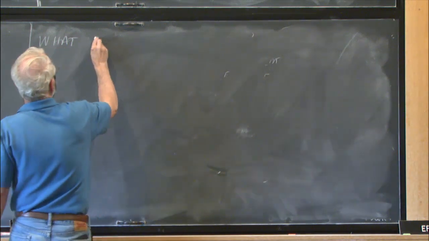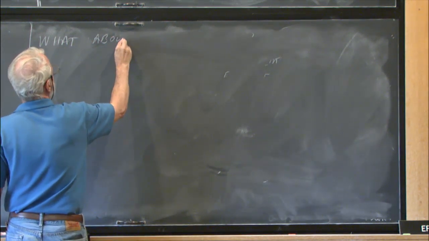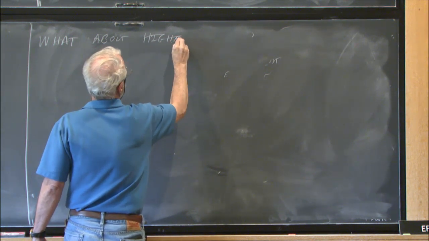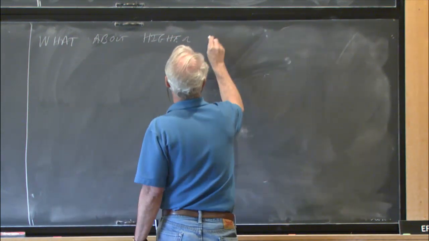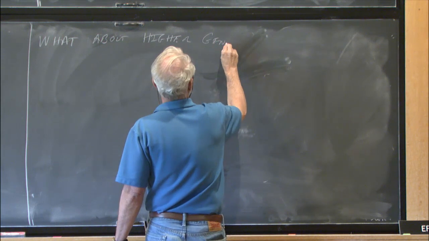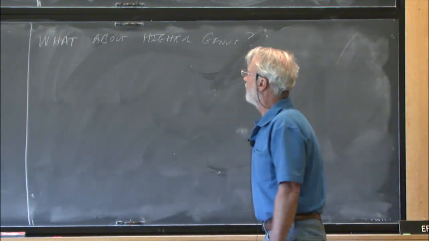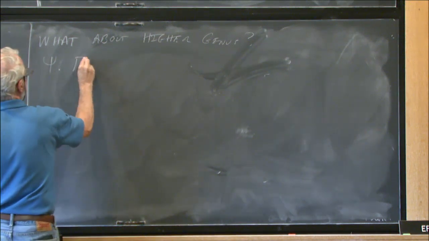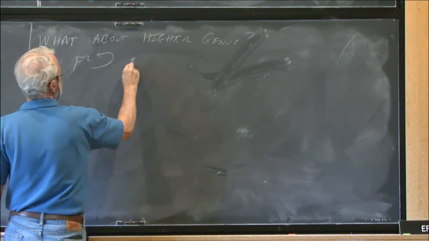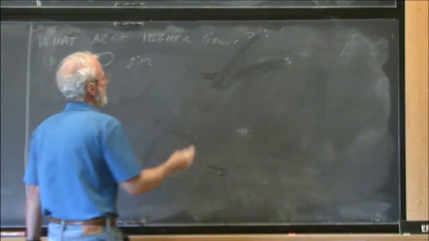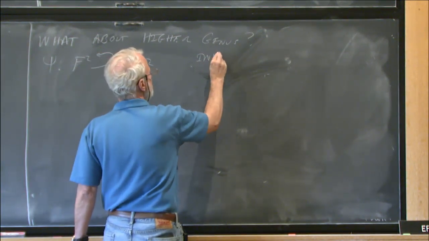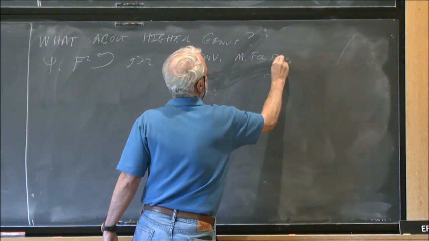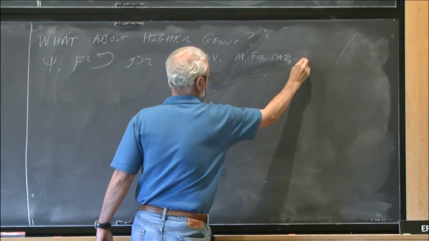Yeah. What about higher genus? So in this case, right, we have this map from F2 to itself, where G is greater or equal to 2. And again, we have invariant measured foliations, only with singularities.